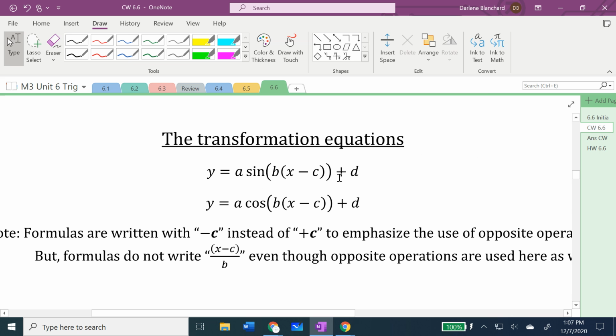Now, you're familiar with the horizontal and vertical translations. Now, I've got to say, I have it written right here. I want you to understand that the standard formulas you're going to read are written as minus c to help emphasize that if you see something like x minus 2, you're going right 2.